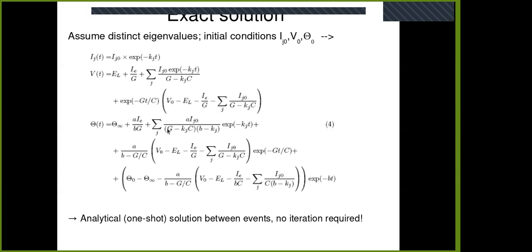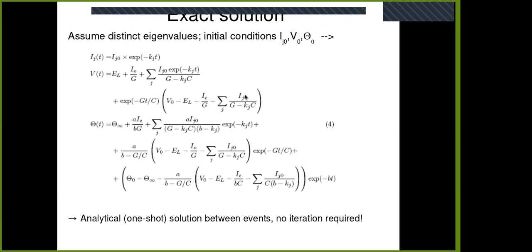For theta it's the same thing, but now all three of them play a role. So this is the complete solution. The only assumption is that the eigenvalues are distinct, and the initial conditions appear here in various places.